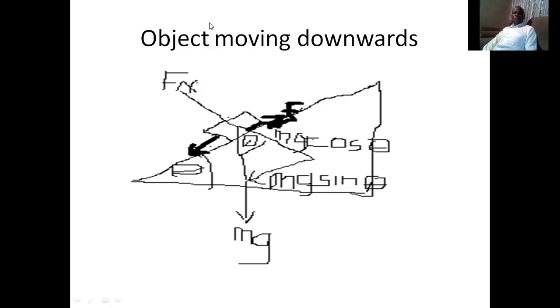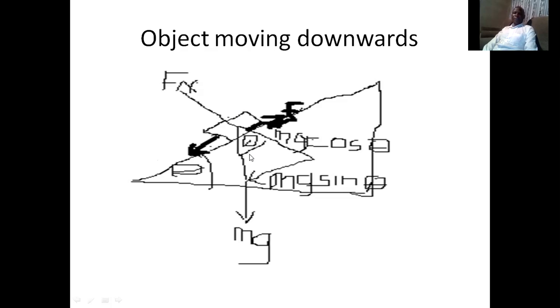For an object moving downwards, mg sin theta would be greater than friction, and therefore for the resultant force we have to subtract the frictional force from mg sin theta.